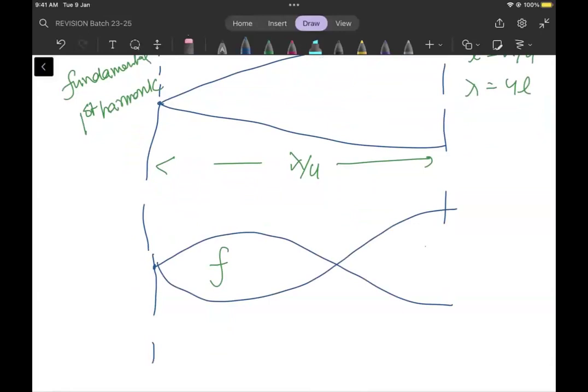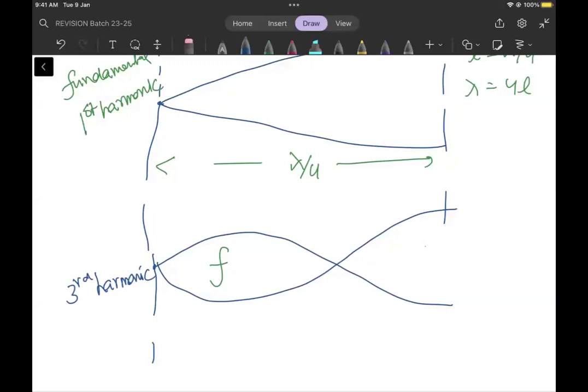So every physical object may have various modes of vibration. Okay, so this is a mode of vibration and this is called the third harmonic. So even harmonics are absent from a string which is fixed at one end and free at the other.